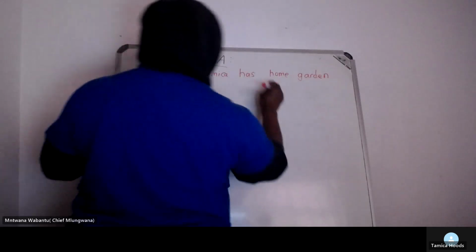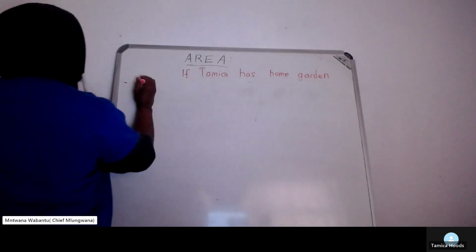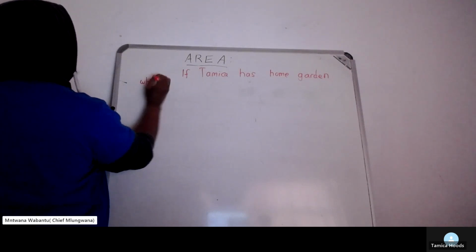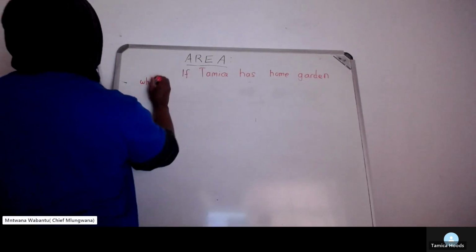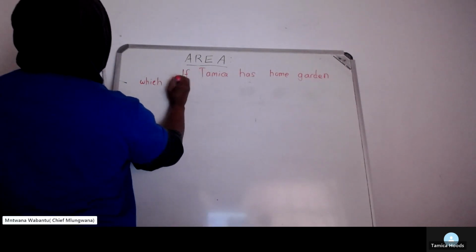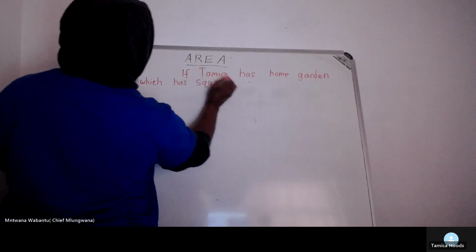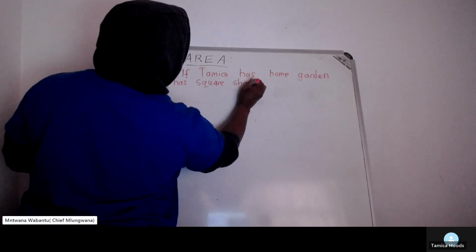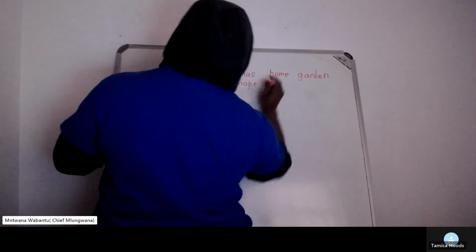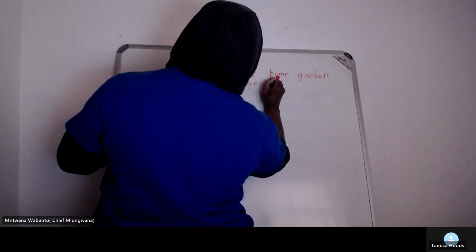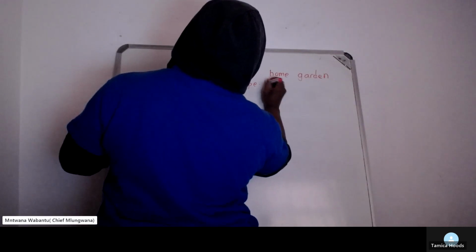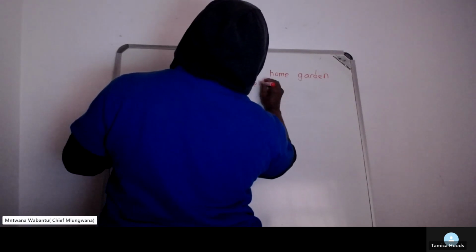A home garden with a square shape, which has what? Square shape, each side square shape.